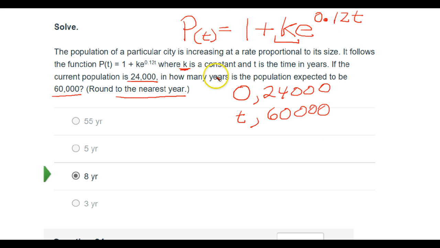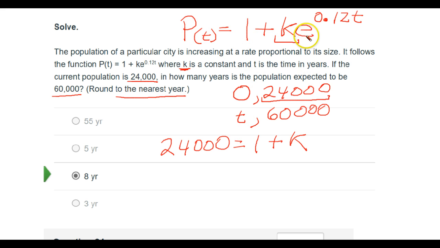So let's put that into this function, and we want to solve for k first. So we'll use our y value of 24,000 to replace the function symbol. Remember, we can always replace this with the letter y. The 1 stays here.